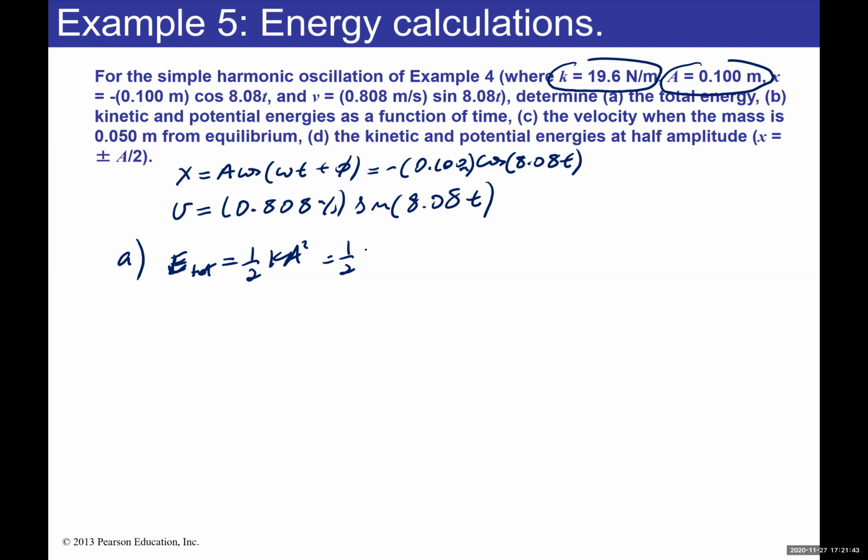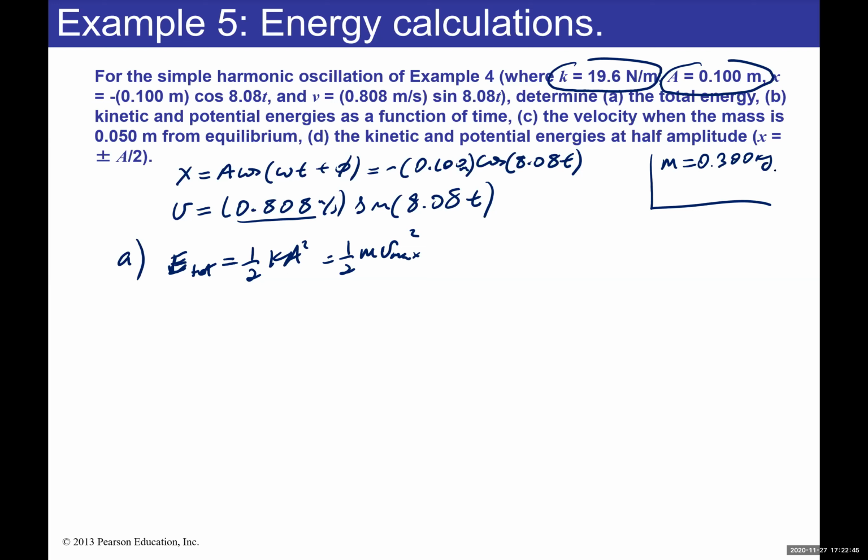Or I can say it's 1/2 m v max squared, and using the mass, I can also do that. The mass is given to us, not here, but in that original example. So it's 0.3 kilograms.